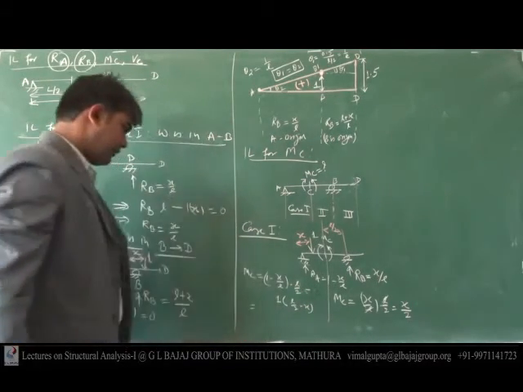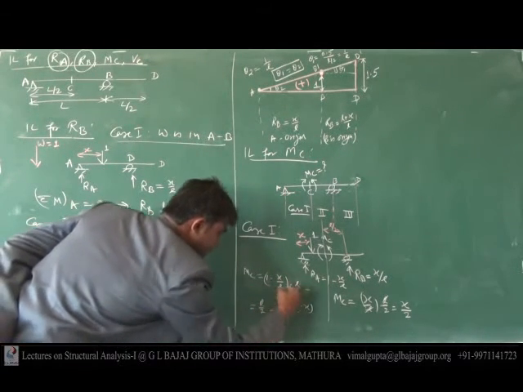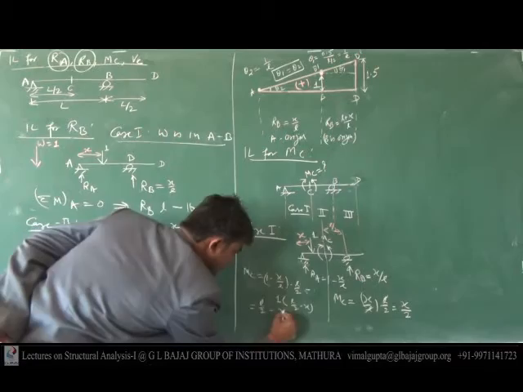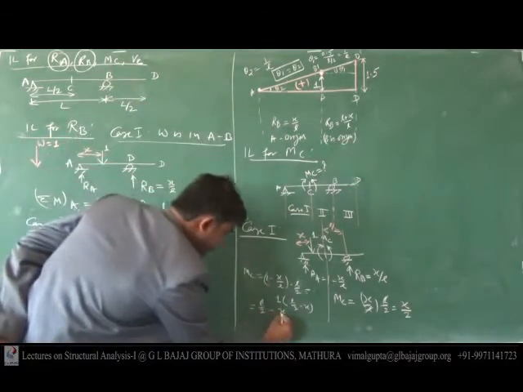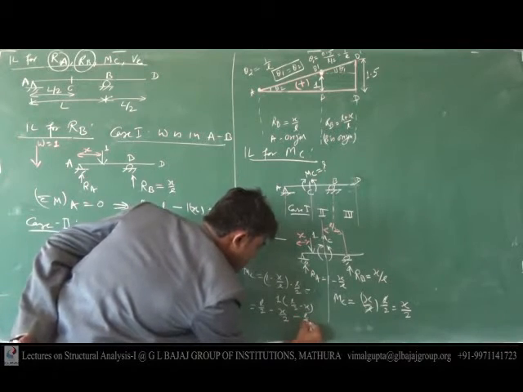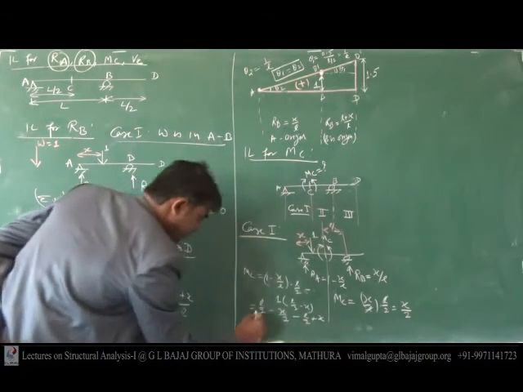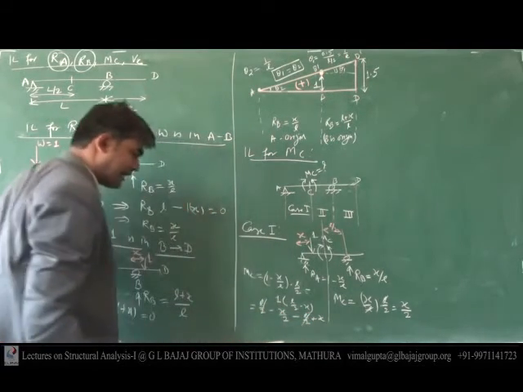Is it the same thing? So L by 2 minus, it is cancelled out X by 2, and this is minus L by 2 plus X. So that has been cancelled out.